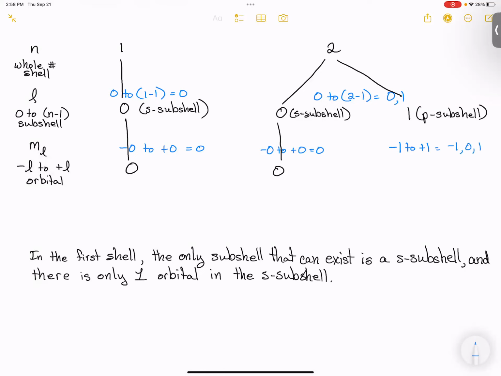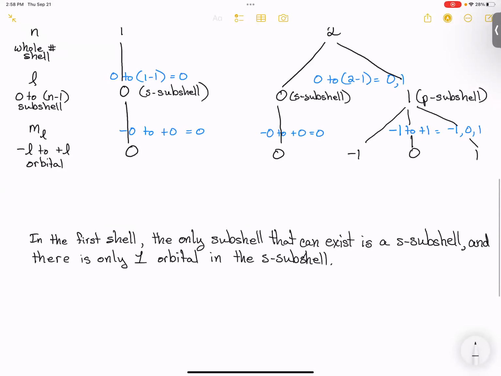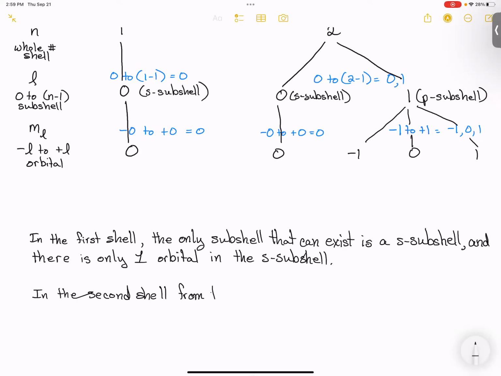So let's just describe what that means. In the second shell from the nucleus, there are 2 subshells.